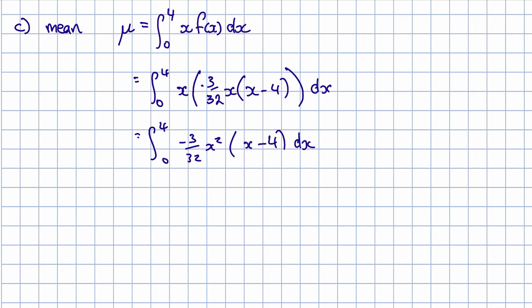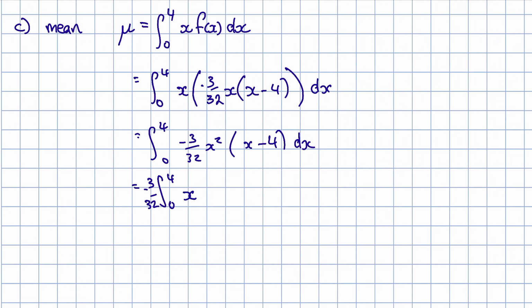It's certainly in the textbook, but it tells us that if we have a function, and really it's just these all multiplied together, this part here is a constant. And so we can do this step, which actually makes life a bit easier. It just takes out that fraction to deal with. So it's still the integral, but we're going to put the negative 3/32 out the front as a multiplier, and leave the rest.